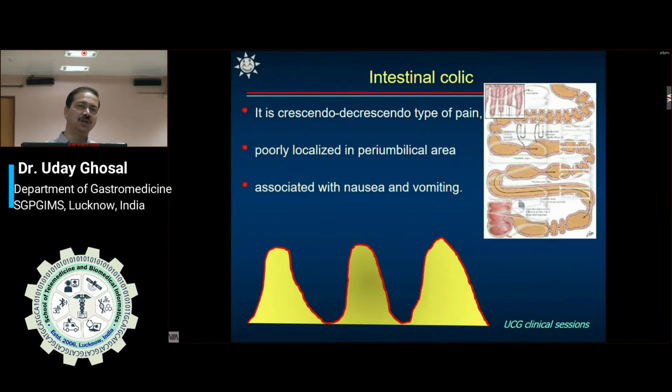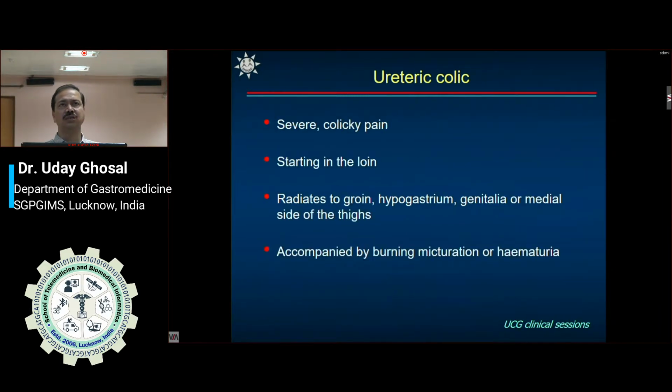On the other hand, biliary colic will be constantly there for a period of time as compared to the intestinal colic where you will get crescendo and decrescendo. Ureteric colic, severe colic pain starting in the loin, radiates to the groin and hypogastrium, genitalia and the medial side of the thigh. Why? Because the genital branch of the genitofemoral nerve supplies the genitalia. But from the same nerve, there is a femoral branch which supplies the medial side of the thigh.